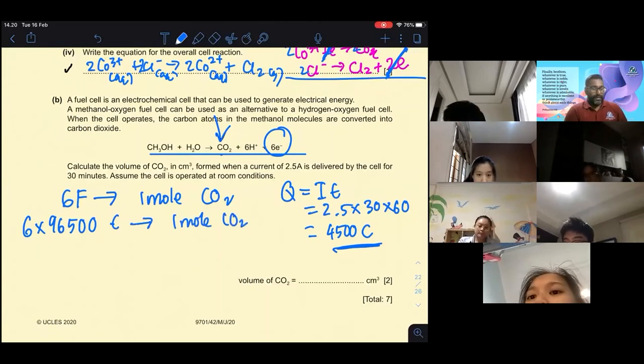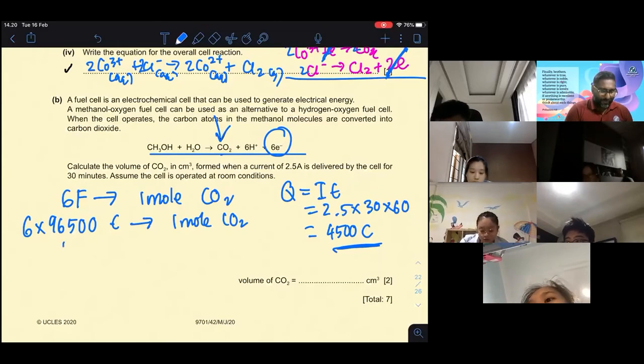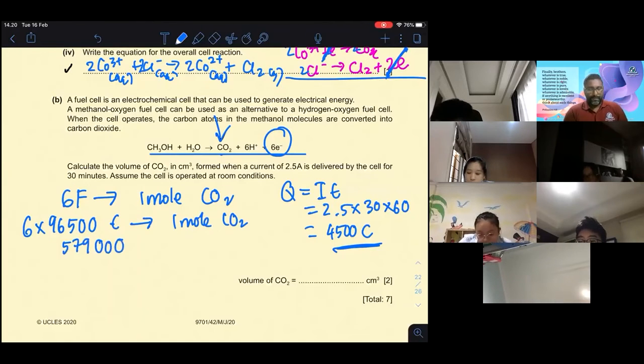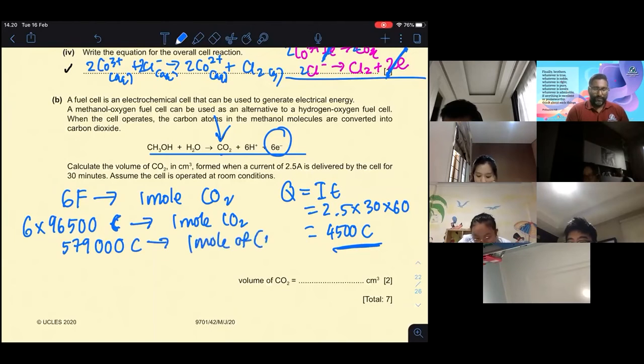So when I calculate 6 times 96,500, I'm going to get 579,000 coulombs for 1 mole of CO2.